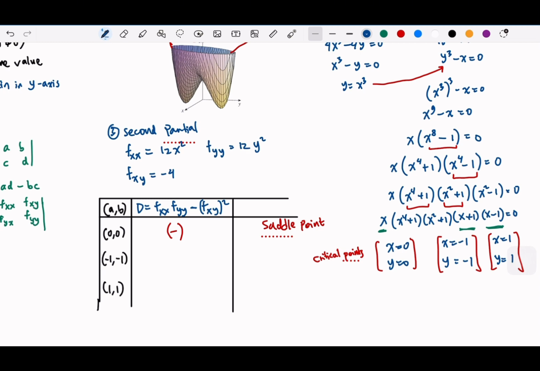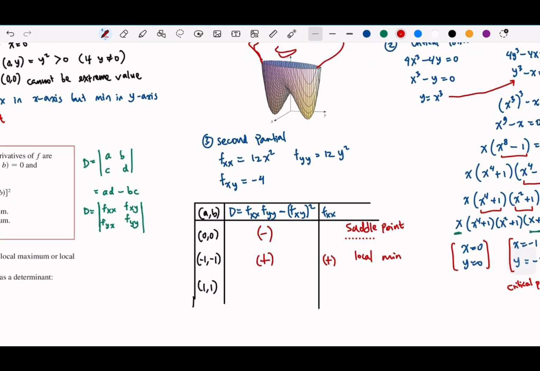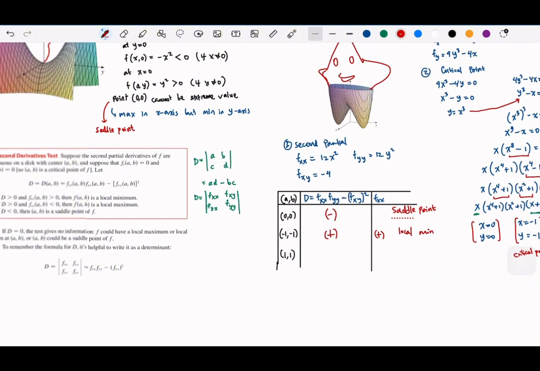That means we have these two local minimums as we predicted in the picture, right? So this is a local minimum. This is positive, and suppose this is partial xx. So here it is positive, so we call this a local minimum, right?